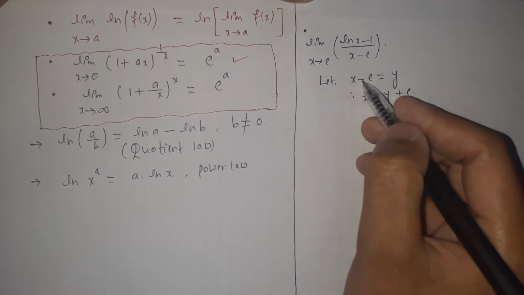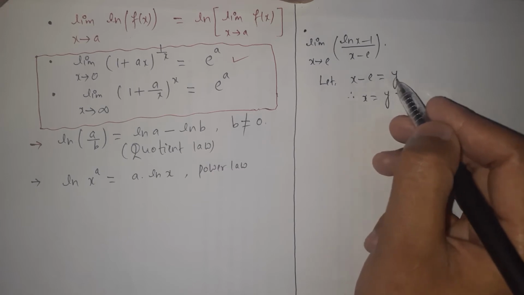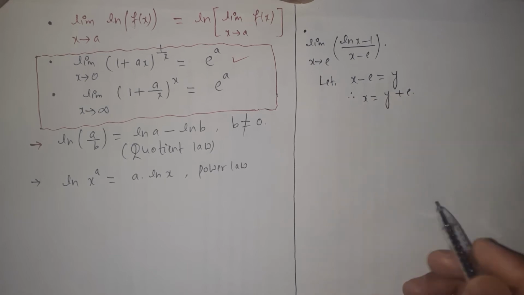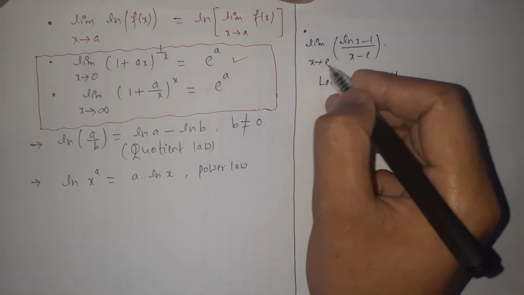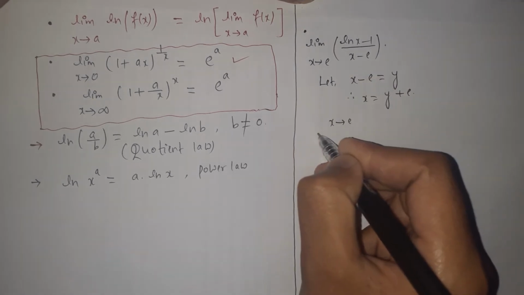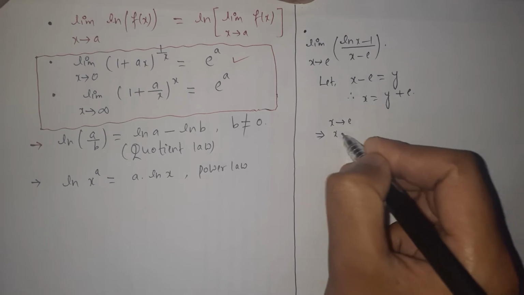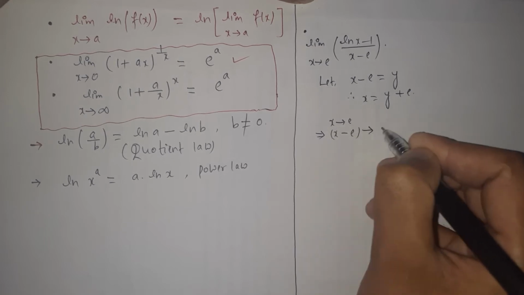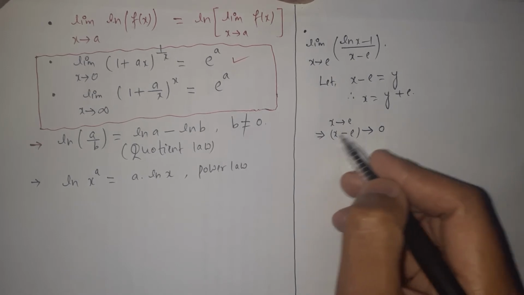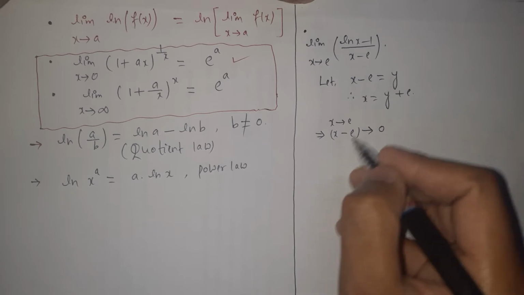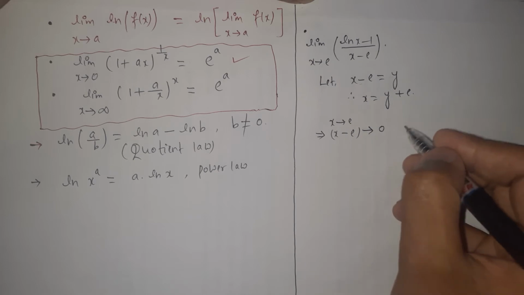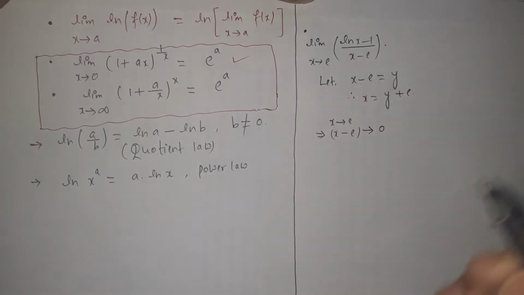Here x approaches e, which can be written as x minus e approaches 0. When x minus e approaches 0, then y also approaches 0.